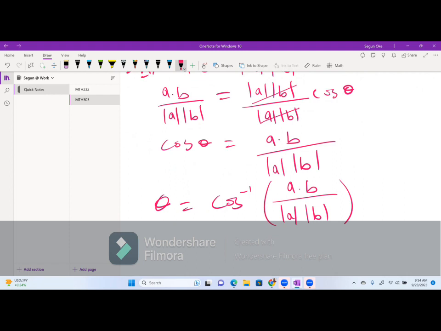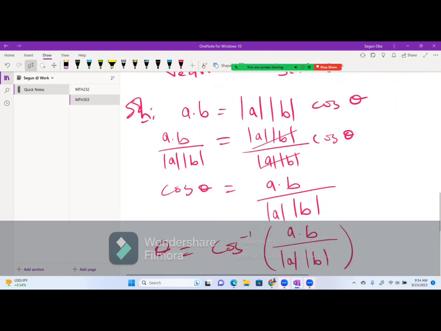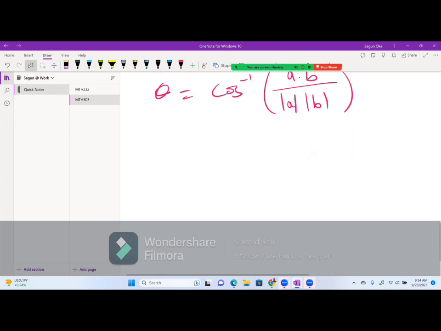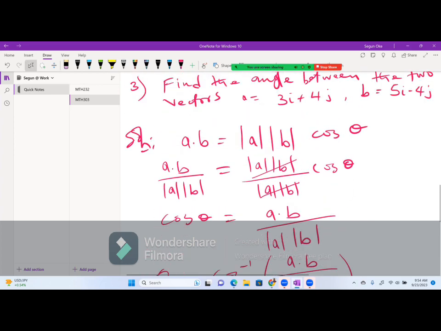Our question says, find the angle between the two vectors, vector A and vector B. How do we solve this? What are the things we need to do? We first of all need A dot B. A dot B means let the i multiply i, let the j multiply j.